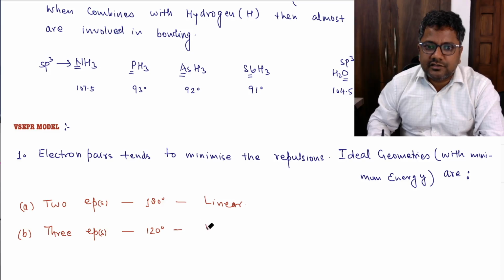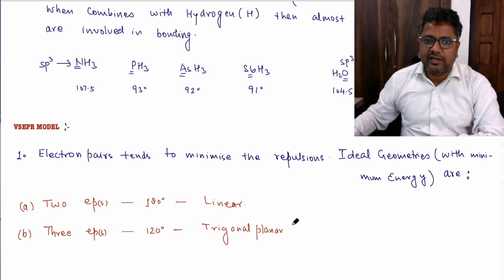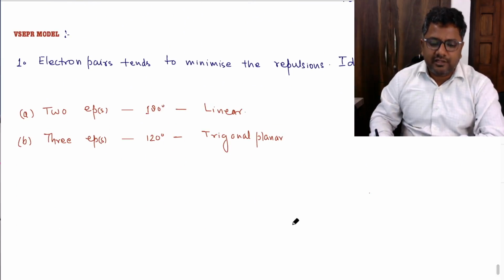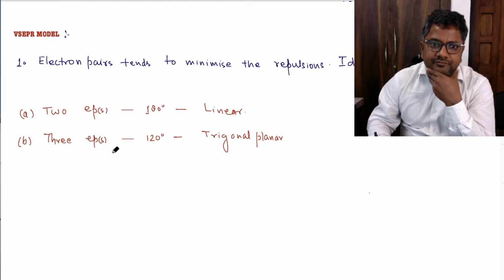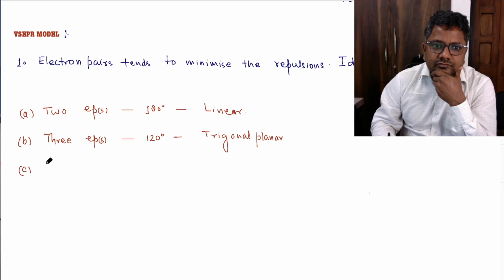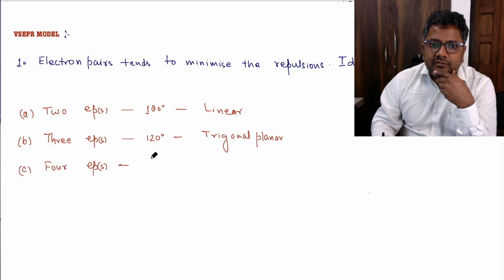So this is trigonal planar, right? Similarly, if your molecule has four electron pairs, then the maximum distance is 109 degrees 28 minutes, and it is tetrahedral.